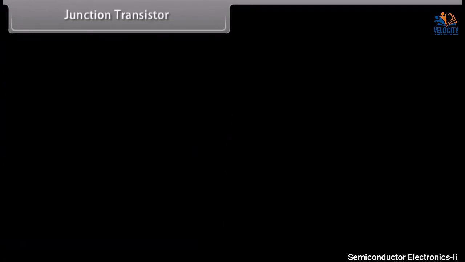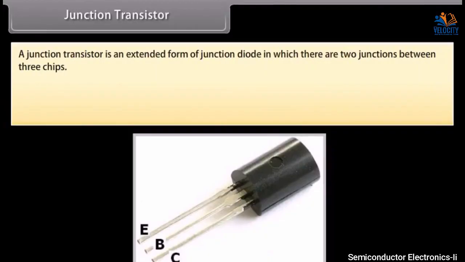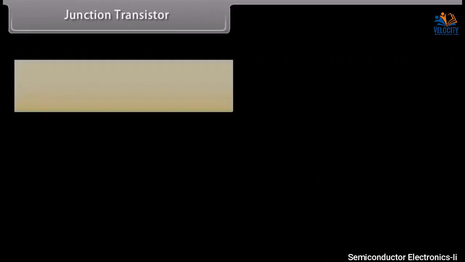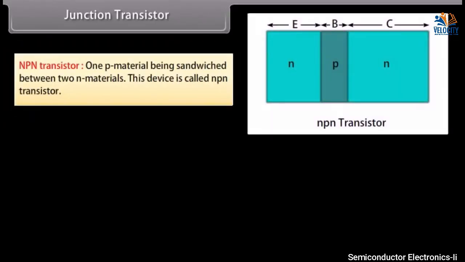Junction transistor. A junction transistor is an extended form of junction diode in which there are two junctions between three chips. There are two kinds of transistors: NPN transistor and PNP transistor. NPN transistor: one P material sandwiched between two N materials.